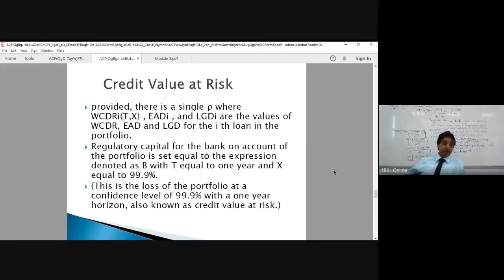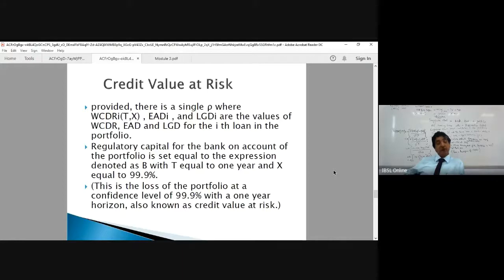Okay, now as it is, the things which we already did, we just stopped with credit value at risk, but I can further ask questions on this same problem. And the last question would be, what is the unexpected loss of this portfolio? When you say the unexpected loss, how are we going to do it?